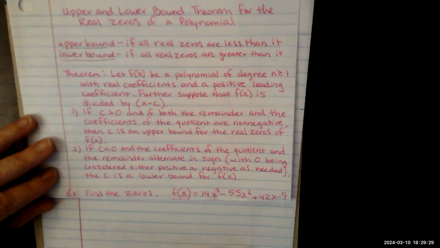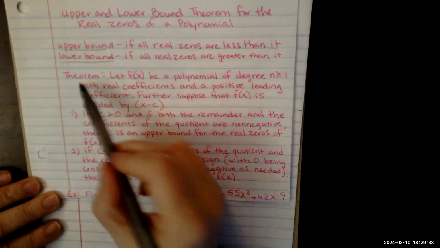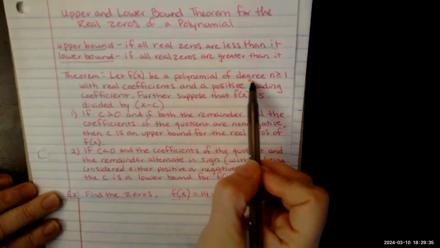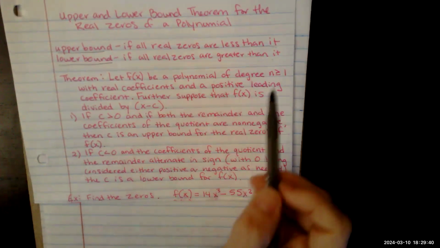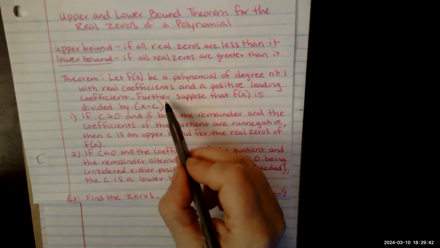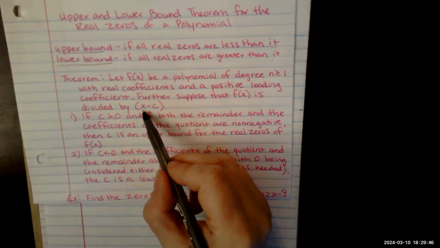So how do you know if something is a lower bound or an upper bound? According to the theorem, let f of x be a polynomial with degree n greater than or equal to 1, with real coefficients and a positive leading coefficient. Further, suppose that f of x is divided by x minus c.